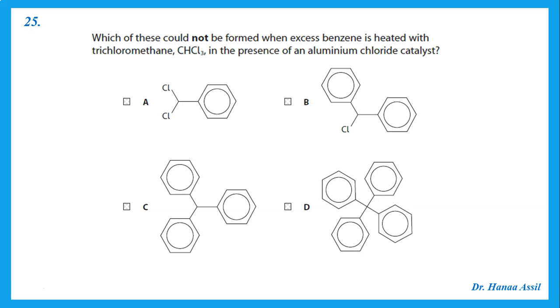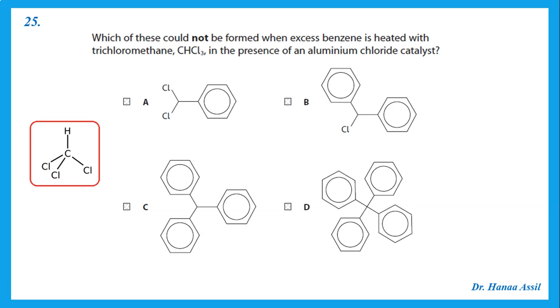Which of these could not be formed when excess benzene is heated with trichloromethane? This is trichloromethane, and we said if we react this with benzene, what happens is the benzene will replace the chlorine atoms. So how many chlorines do we have?